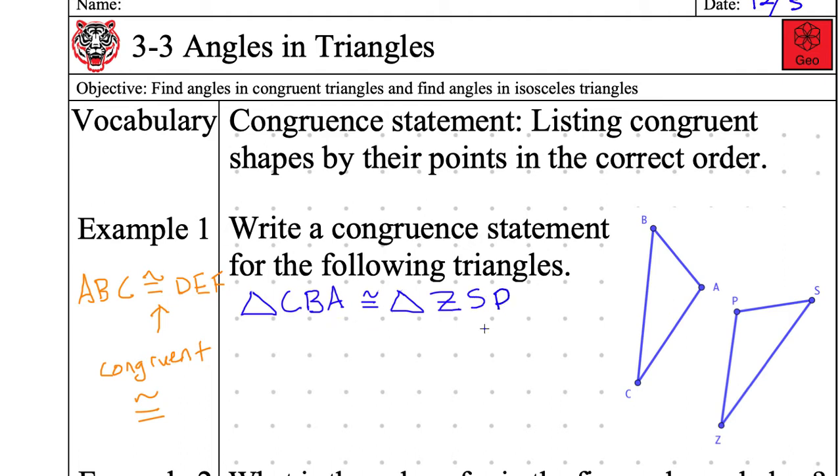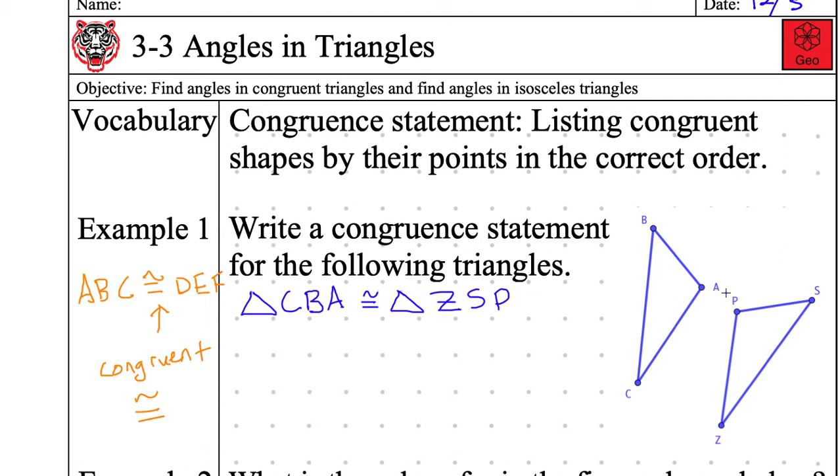There is the correct congruent statement. Again, every single one of these letters has to be matched up in the correct order. C matches with Z. You can see that. C and Z look to be the same angle. B and S match up. You can see that A and P match up as well. All of these match up, which means it is a correct congruent statement.